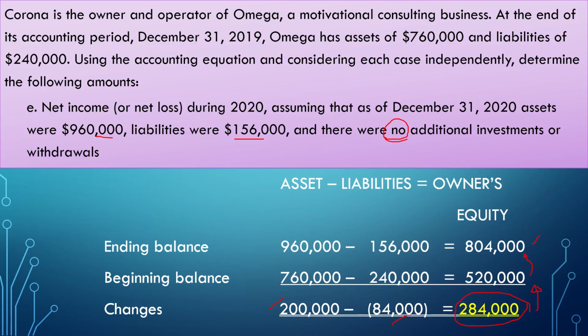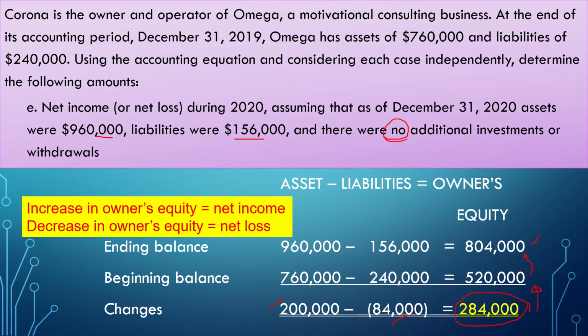Therefore, it's either income or loss. So if we have an increase in owner's equity, then we have net income. If we have decrease in owner's equity, then we have net loss. In this case, is that 284 a net income or net loss? Very good. It's a net income.